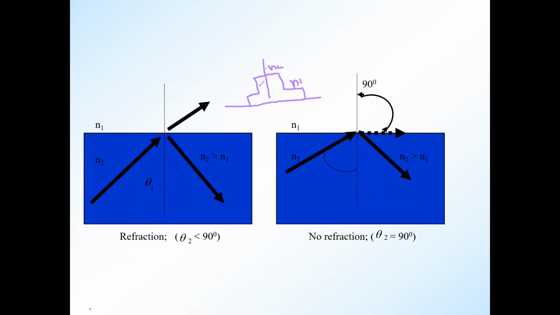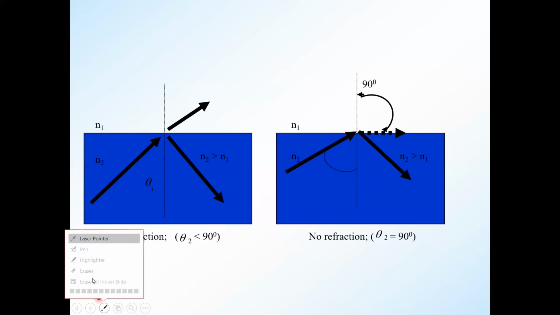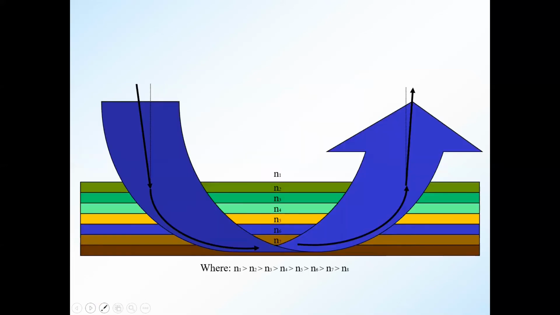Okay, now what happens is, since I told you this configuration has certain disadvantages, there is another fiber which is called a graded index fiber.